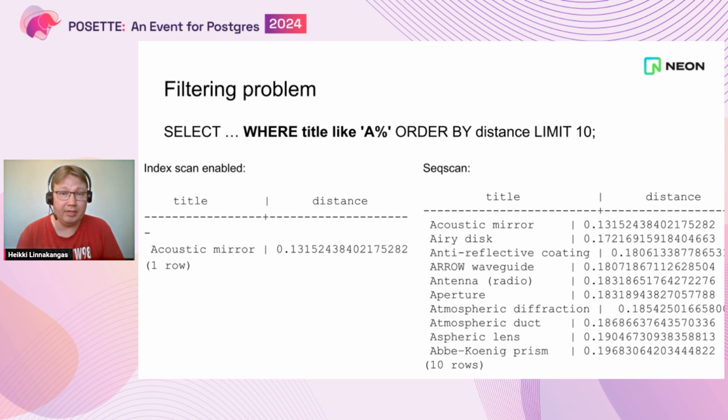And it might actually not give you all of the results. So clearly, the result here on the left with the index scan is incorrect. You only get one result back, whereas on the right side you can see the correct result with the sequential scan, and the index search just leaves out a lot of the details.